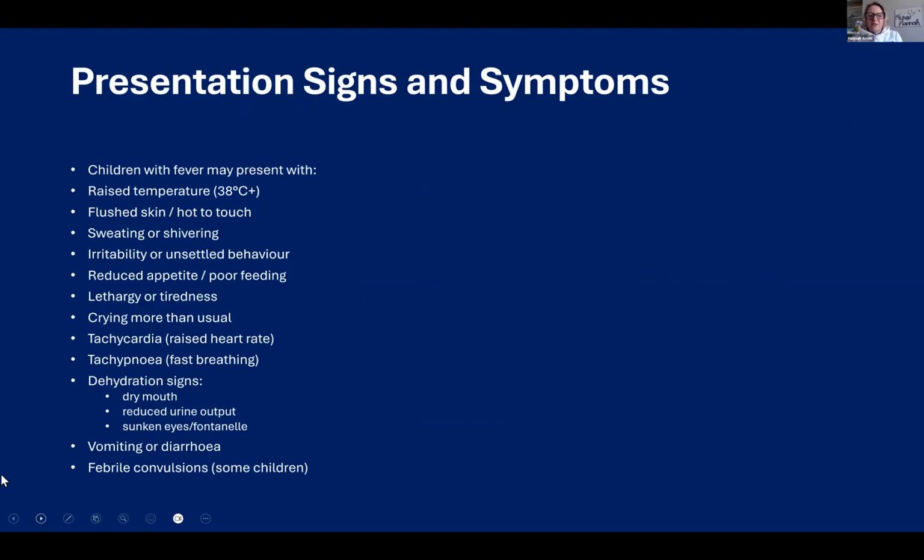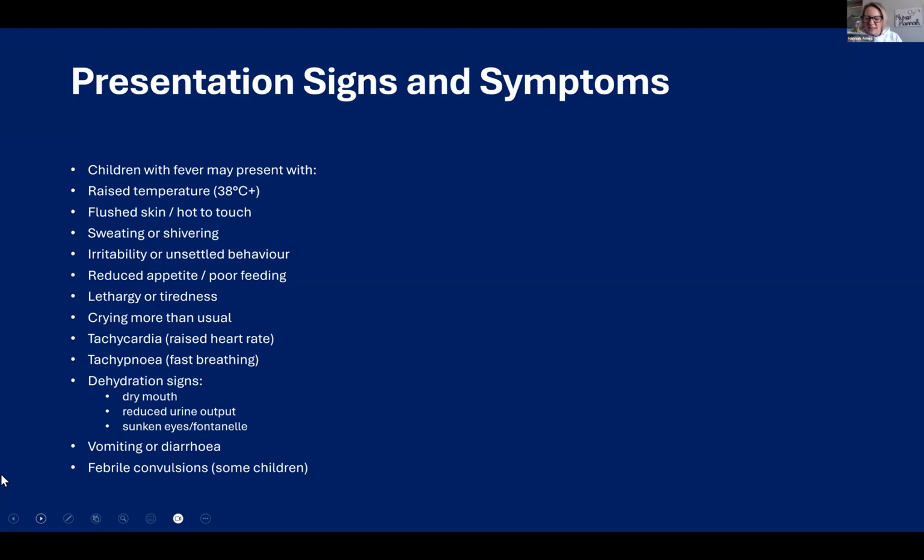So what are the signs and symptoms of a child having a fever? Well, obviously a raised temperature above 38 degrees. They might have flushed skin, be hot to touch, sweating or shivering. They could be irritable or have changing behaviour, normally accompanied with reduced appetite and poor feeding. They might be tired, crying more than usual. They can have an increased heart rate, tachycardia, or fast breathing, tachypnoea.